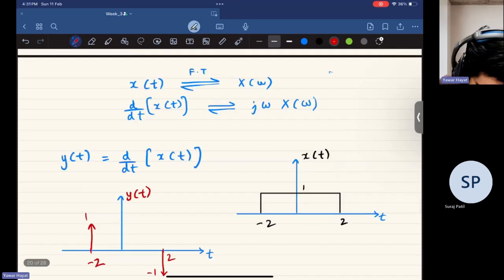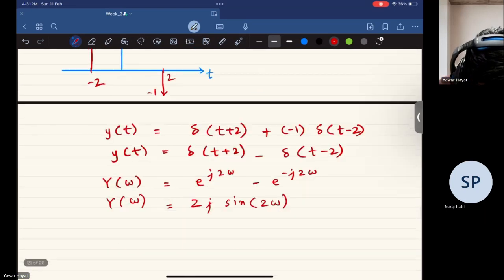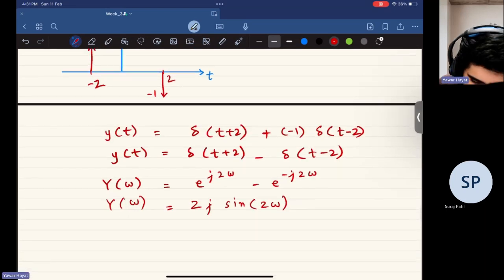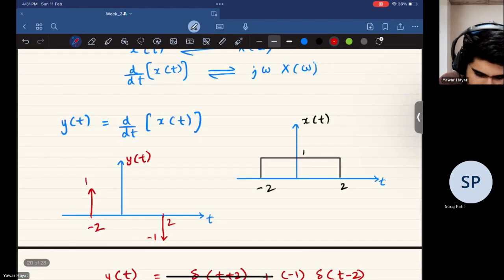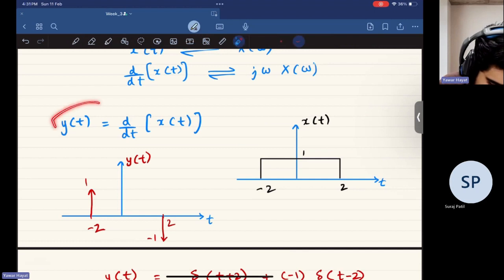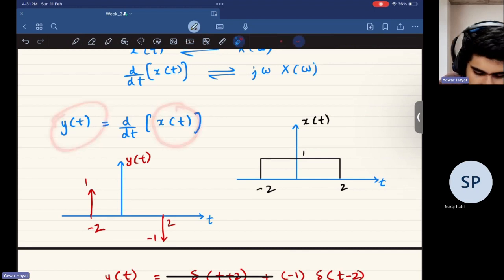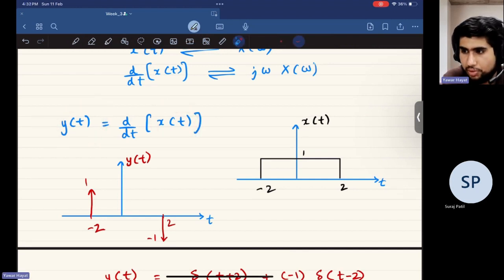But currently, I'm writing the Fourier transform of the function y of t. And what is y of t? It is the derivative of our original function whose Fourier transform we were interested in.